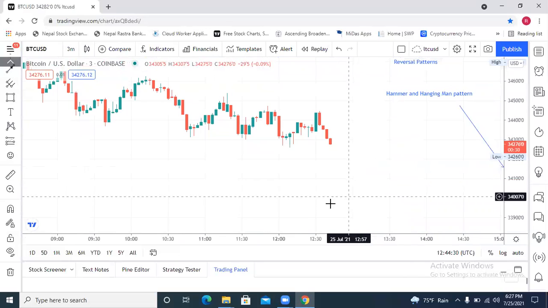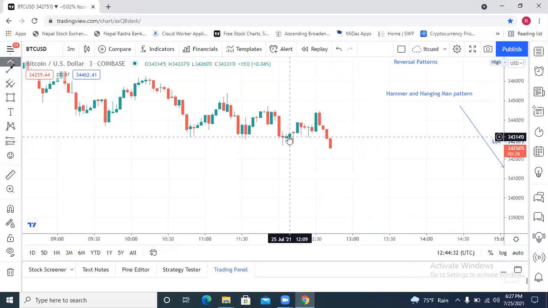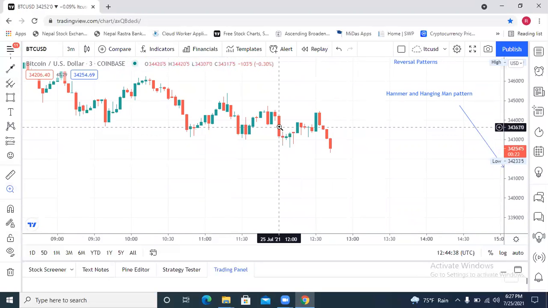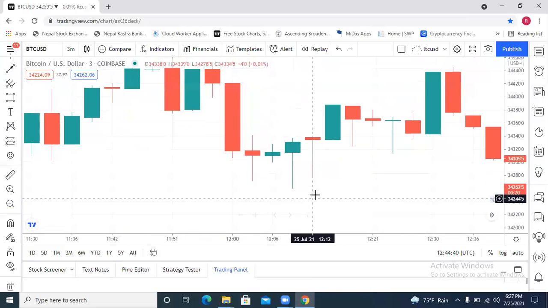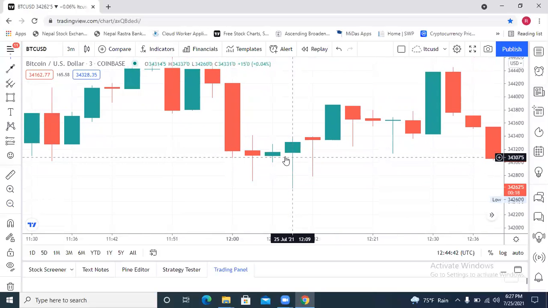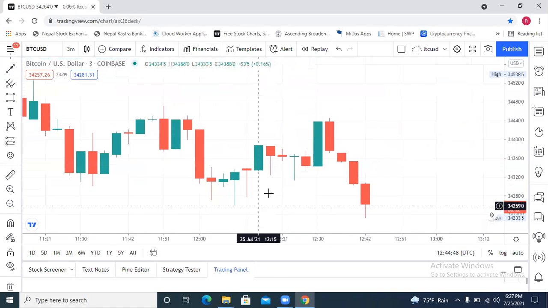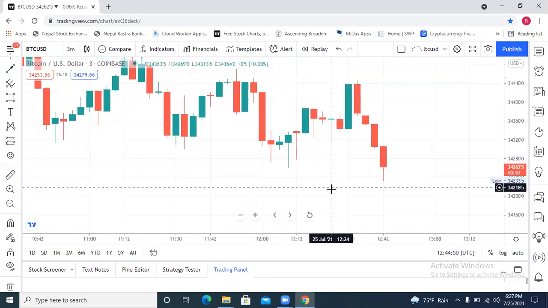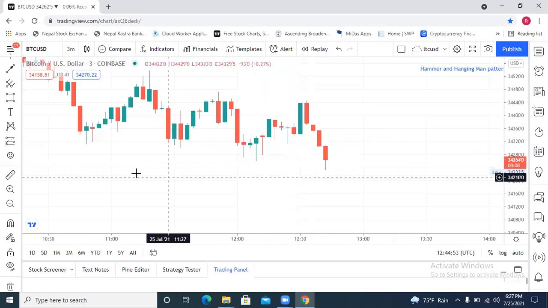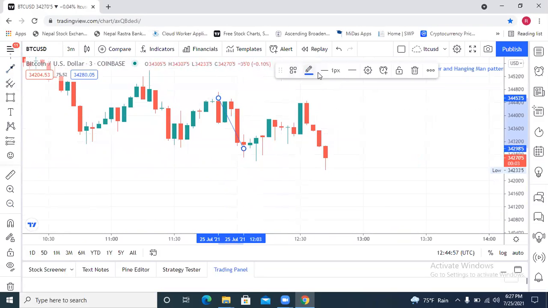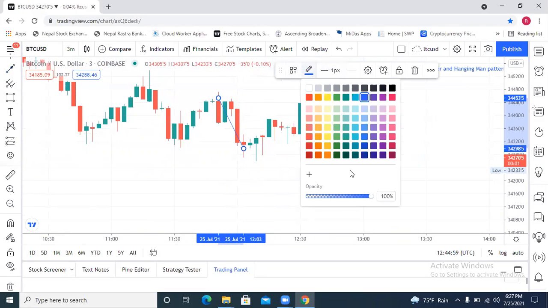How is it working? You can see this candle right here, the green candle. Let me zoom in. This candle is the hammer pattern. You can see the market is in a downtrend. Let me make it more bold here.